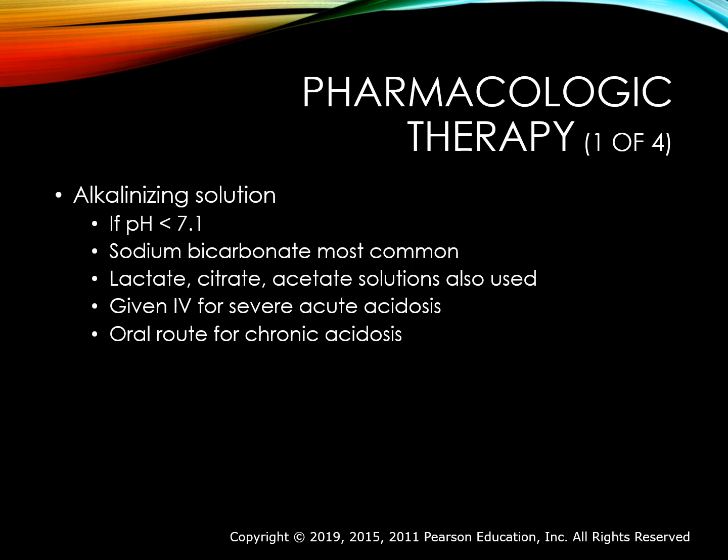Give alkalinizing solutions IV for severe acute metabolic acidosis. Use the oral route for chronic metabolic acidosis. Carefully monitor patients in treatment with bicarb. Rapid correction of the acidosis may lead to metabolic alkalosis and hypokalemia.